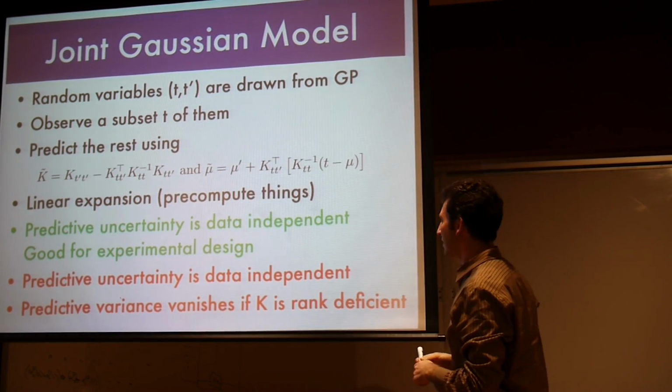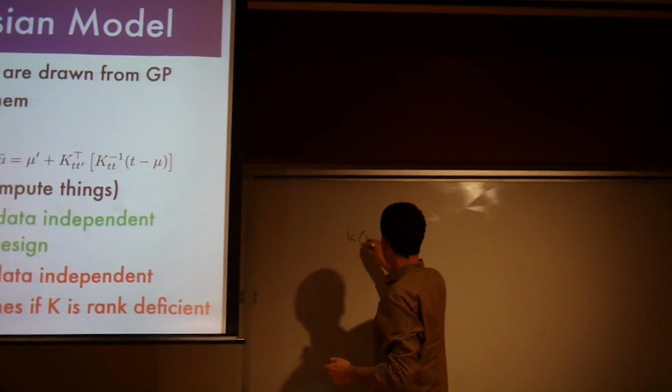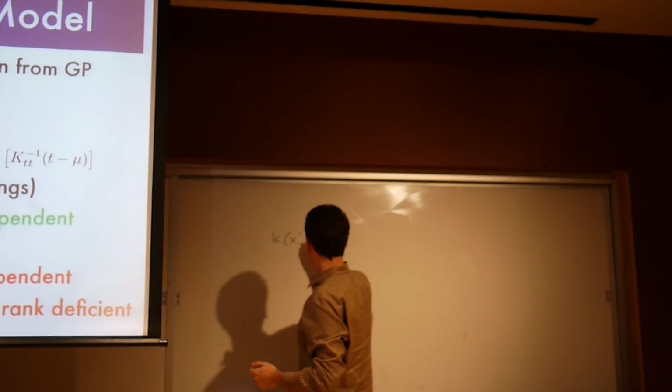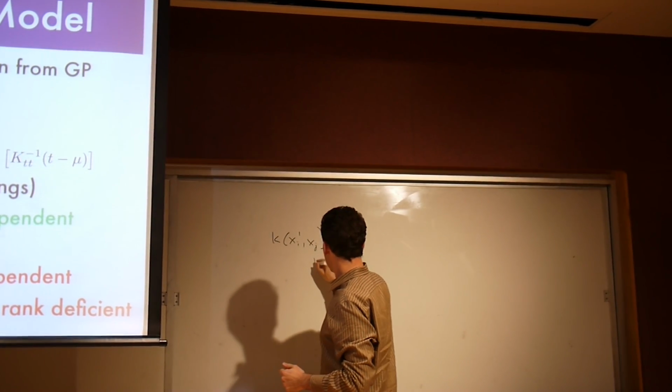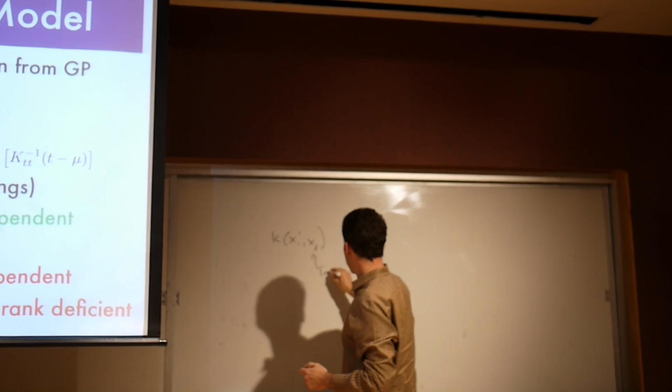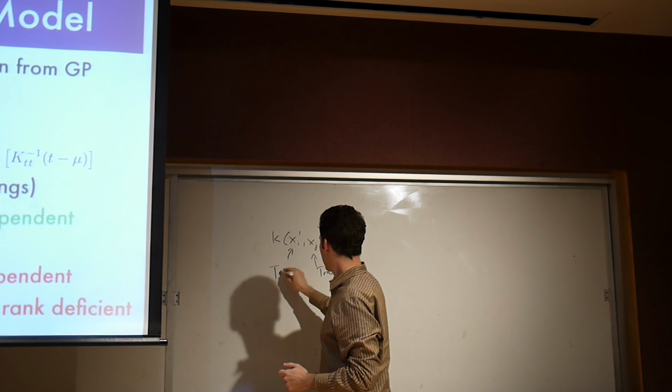So in other words, the entries of this matrix are going to be of the form k of x_i prime, x_j. The x_j are going to be in the training set, and x_i prime in the test set.